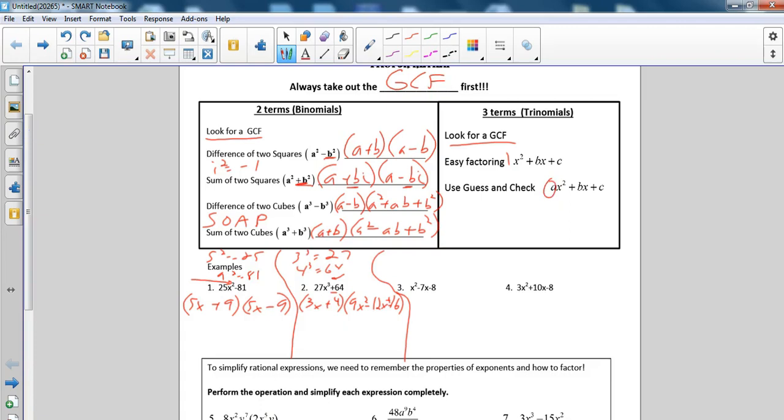Just as a reminder, for those of you who had me, and those of you new to me, if you go to my videos and look up Unit 2 and the notes, there is a lesson on, I can't remember what it's called, alternative trinomial factoring, something like that. If you want some other methods other than guess and check, because that frustrates you, that's a quick little lesson and some practice.